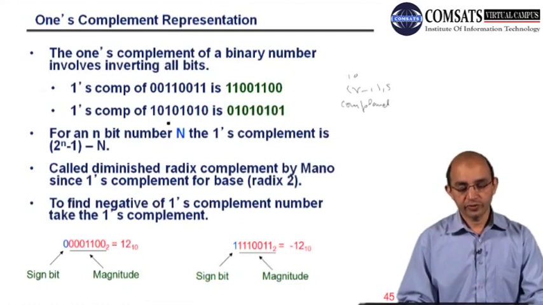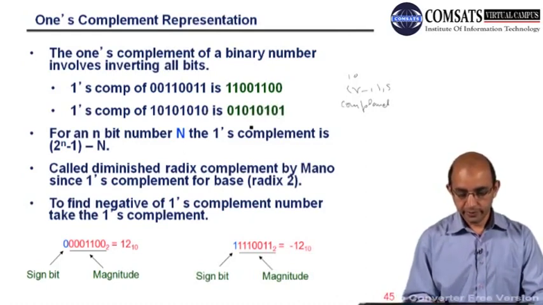The ones complement of this is what? We have to invert all the bits. Let me write down over here. If I need to take the complement of 0 1 0 1 0 1 0 1, I take the complement of each corresponding bit, 1 0 1 0 1 0 1 0.